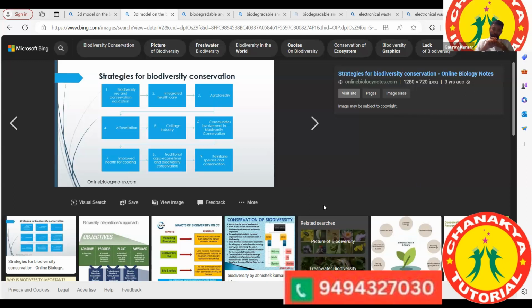Yes. You cannot put this in your model, so either put it in your notebook. If someone asks how this model is working, then you can read it out or remember it, and tell them that the strategy for biodiversity conservation is like this.